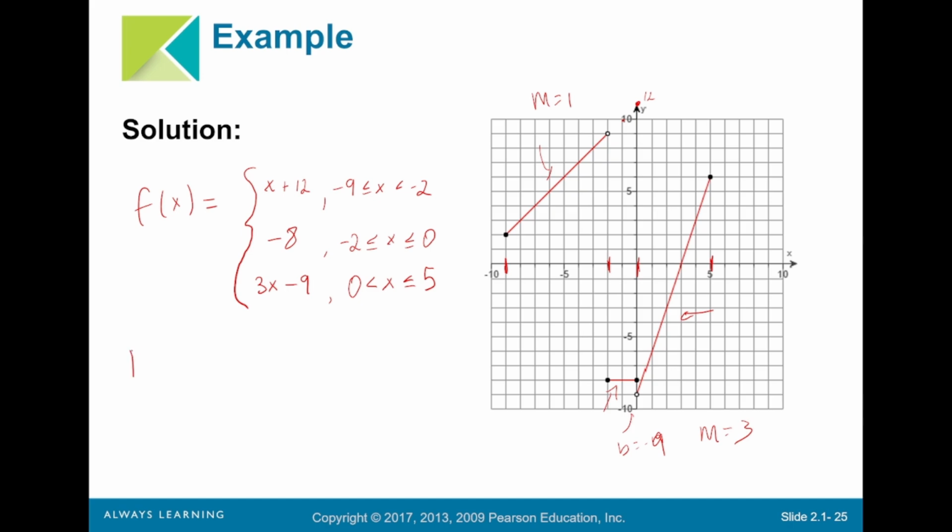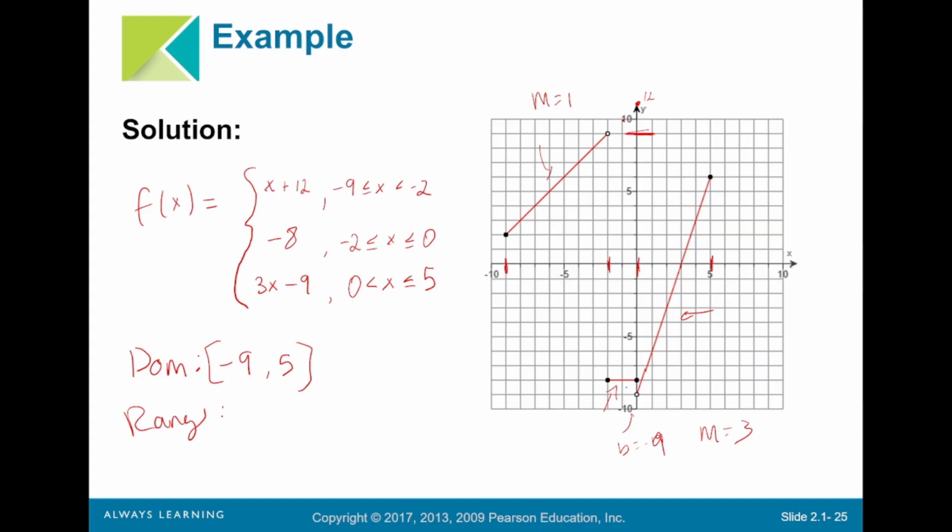Now, when we think about our domain, well, we span everything from -9 up to 5. And those are included since we have black dots on the ends there. And our range covers everywhere from, I think up here at 9 is our highest value.